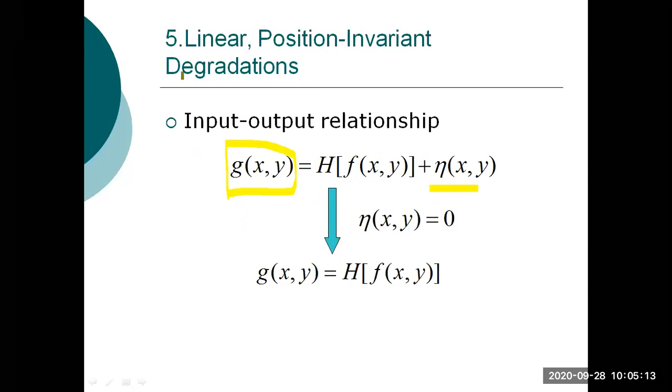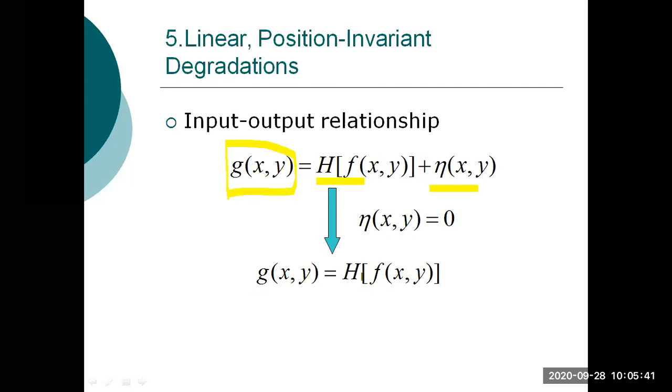So all of you write linear position invariant degradations. This is the topic. From the noise model block diagram, after degradation function estimation, the output g of x comma y is equal to h of input image f of x comma y plus addition of noise eta.